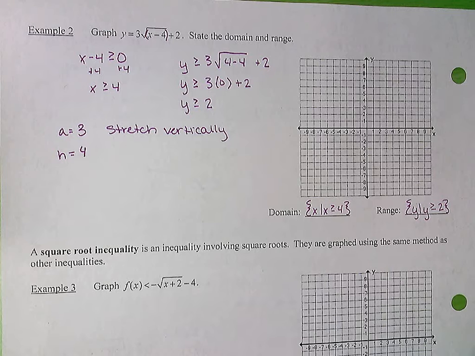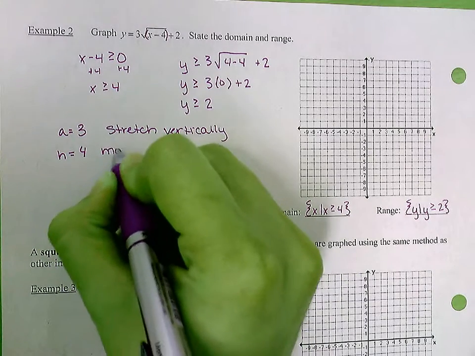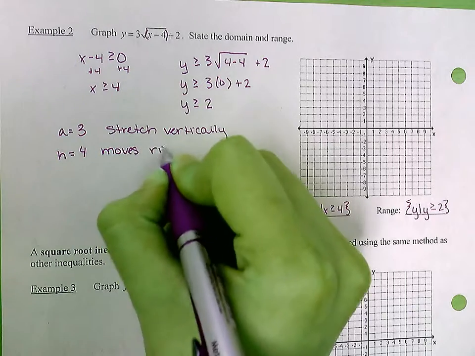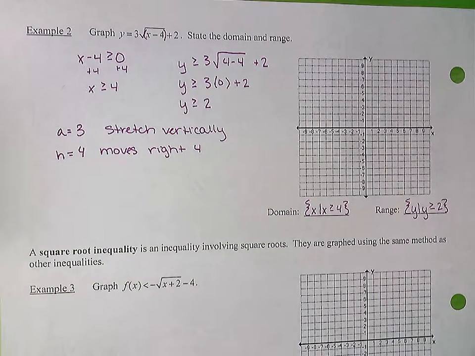Okay? So H will be +4. Since it's positive, it moves your graph right 4 units.